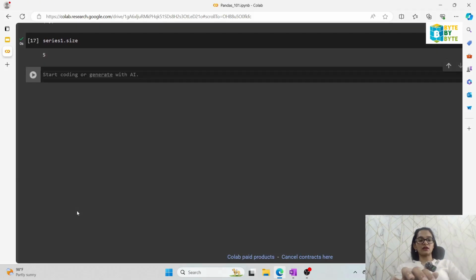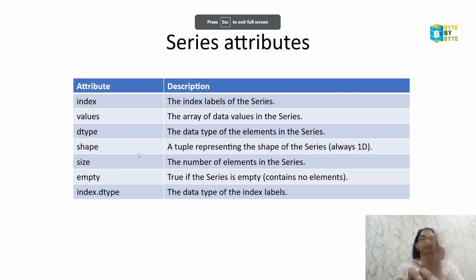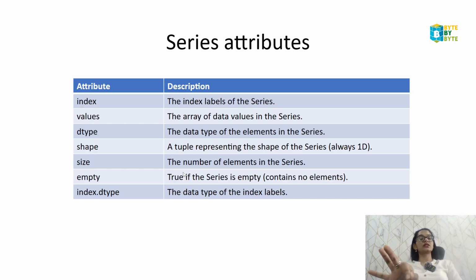Okay. Then the next attribute is empty. You can check whether your particular series is empty or not. If that particular series is empty, it is going to return True, and False if not empty.